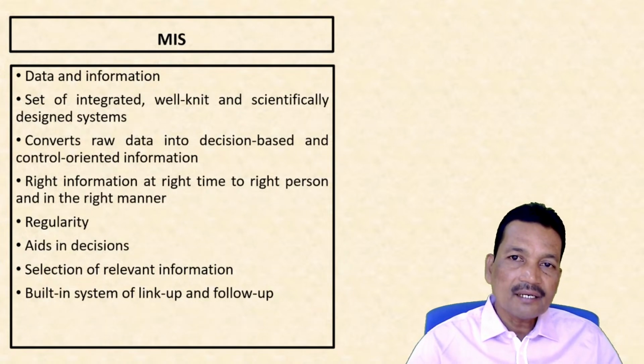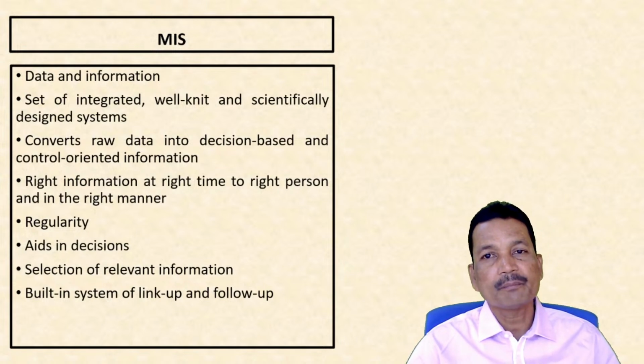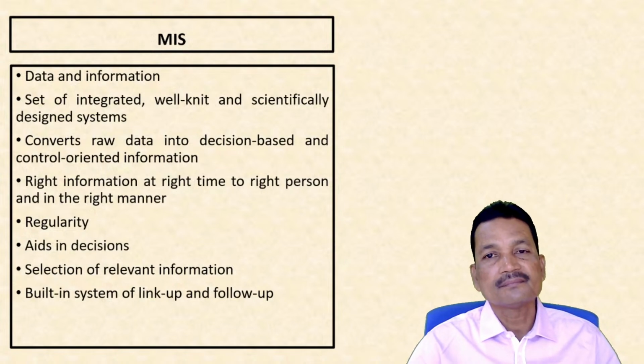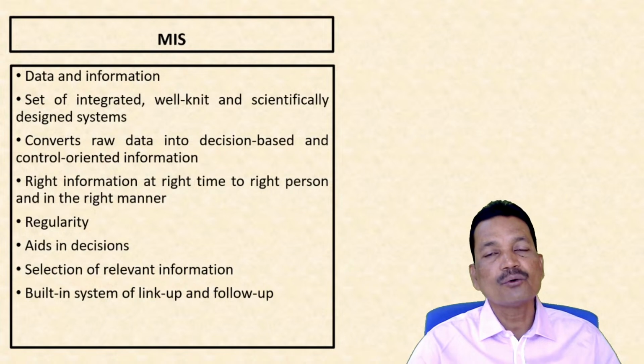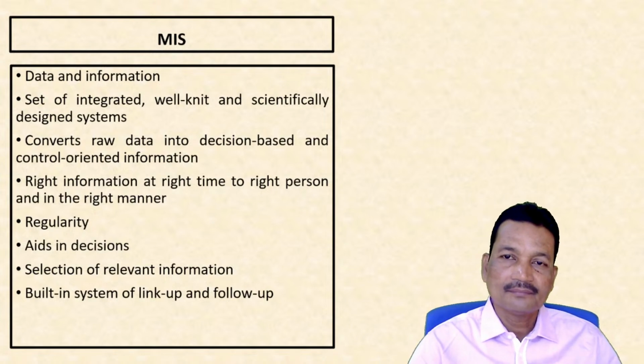What kind of information does the management at any level, be it top, middle, or lower, require so that it can move towards achieving the organization's goal? And the system should be placed in the organization and should be working.